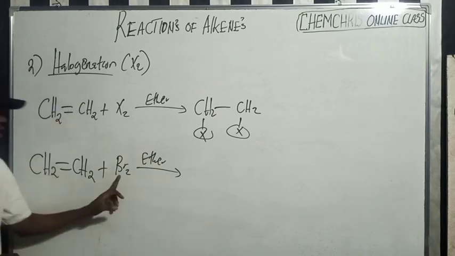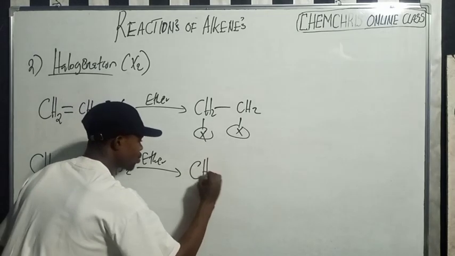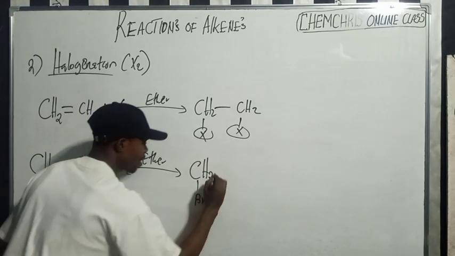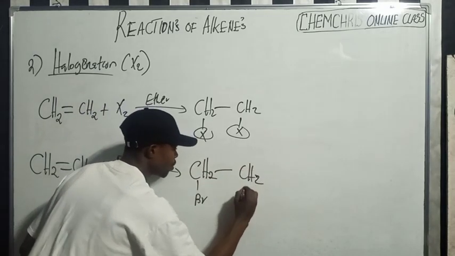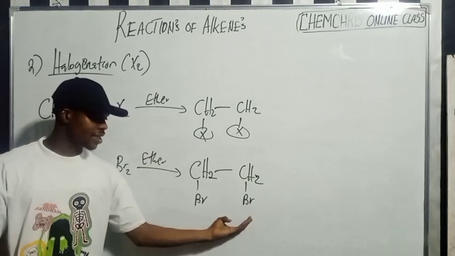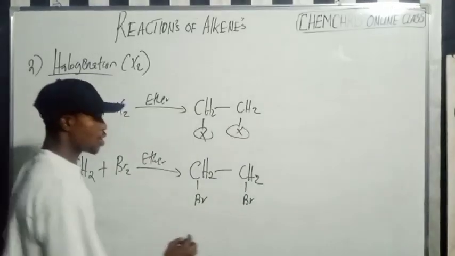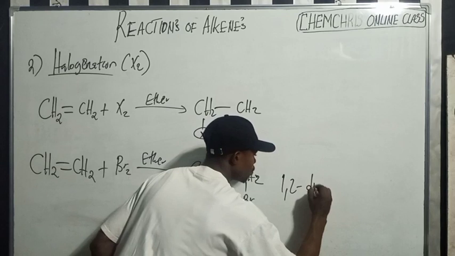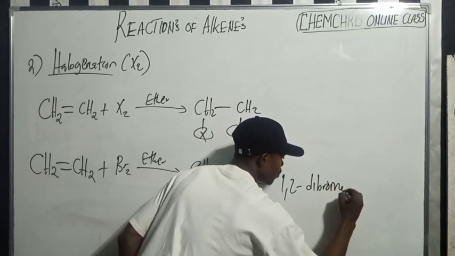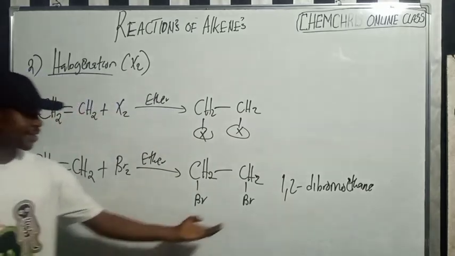So what happens here? I have Br added here and added here. So here I have CH2Br, CH2Br. Can you see that? So what is the name? It's going to be 1,2-dibromoethane. So here we have 1,2-dibromoethane. You can see how easy it is.